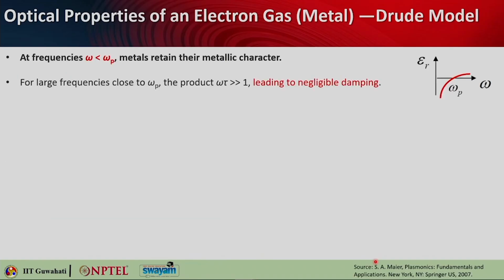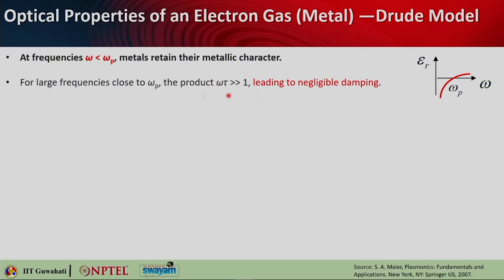Okay. So, this is the diagram of permittivity versus frequency, and you can see where it crosses 0, it is basically the plasma frequency. Now, we are actually discussing when the frequency is less than omega p, it means the metal will retain its negative permittivity, that is it will be reflective. So, that is the metallic character.